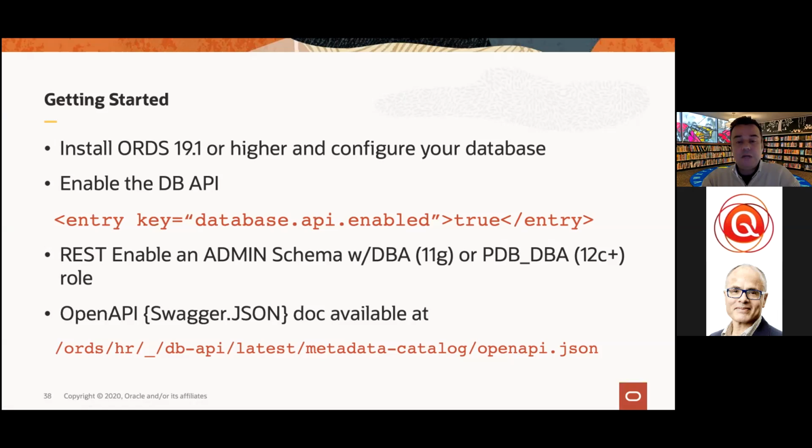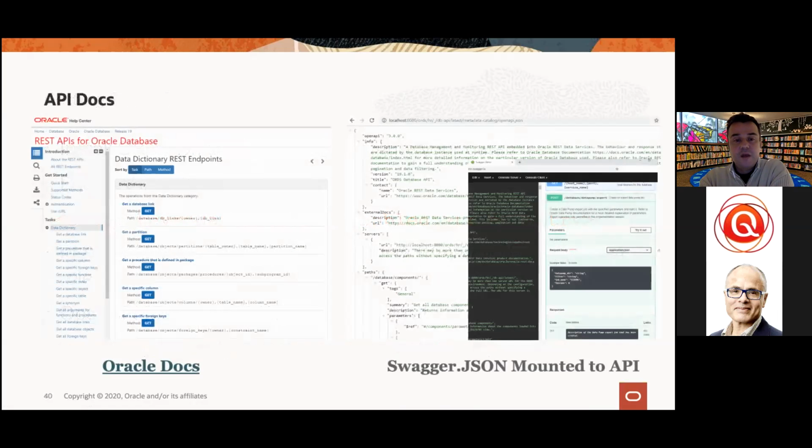In case you want to have some examples or a very simple overview about the capabilities available with the REST API, you can use the Swagger JSON document, which will give you an overview about the capabilities and the features available from Oracle REST Data Services. So here we have two options in order to start using the REST Data Services.